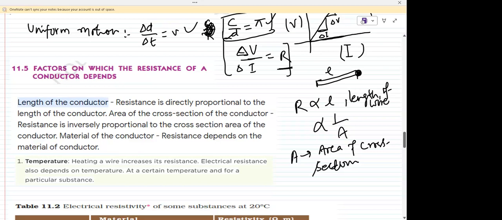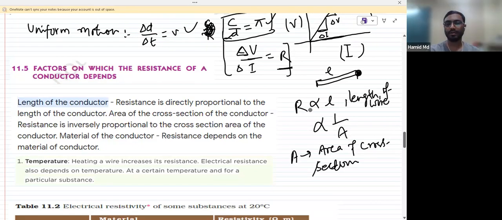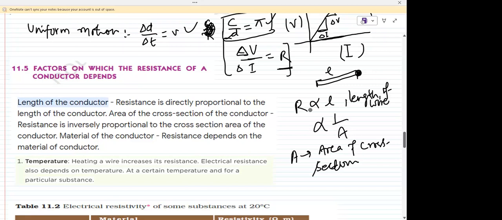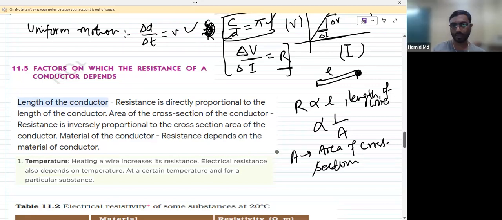The area of a two-dimensional shape. Means that this is our wire, or whatever it is. If we cut it through some points perpendicularly, it will be like a circle in this case.